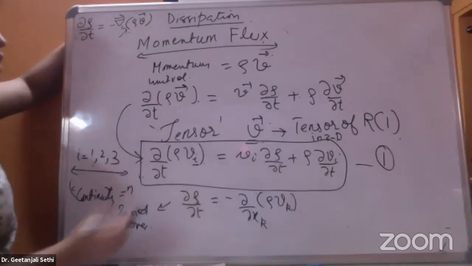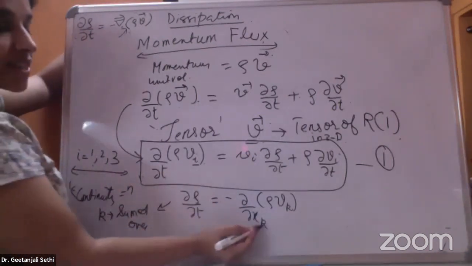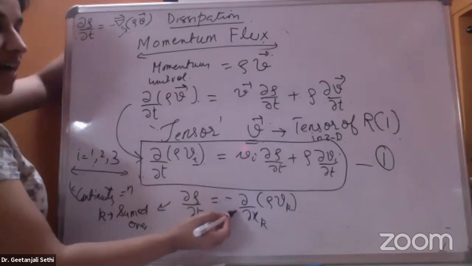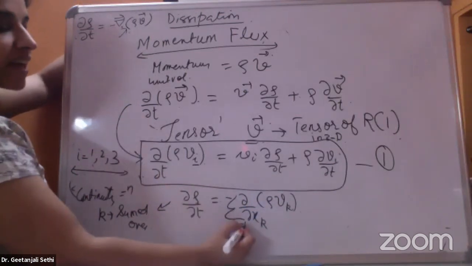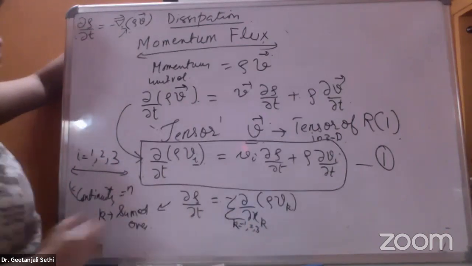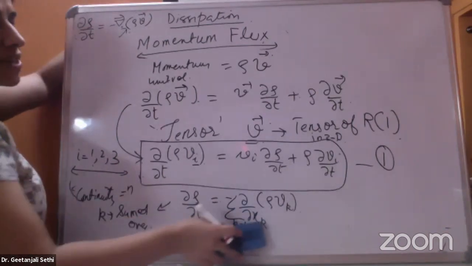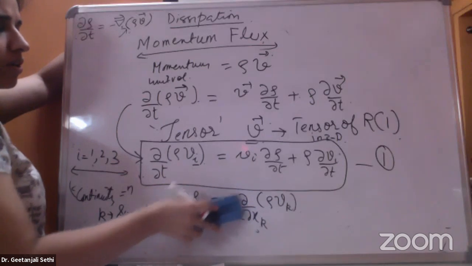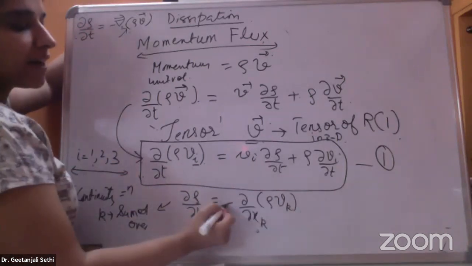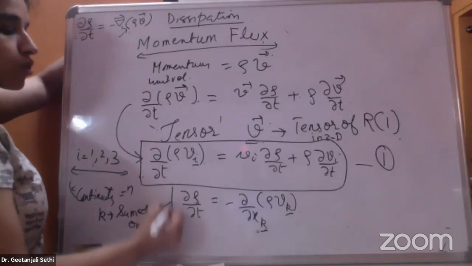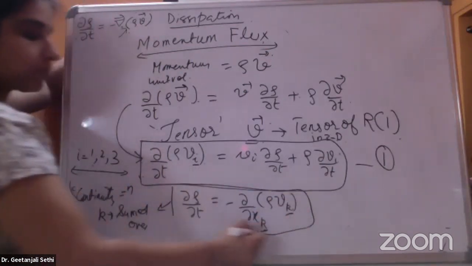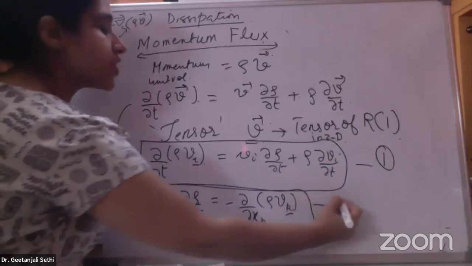What is this right hand side? Since k is repeated, the right hand side is actually a summation over k. K can again take the values 1, 2, 3 because it is in 3 dimensions. I'm not going to put the summation sign. Whenever you see a repeated index, summation is implied. So this is my continuity equation. Let's call it equation number 2.